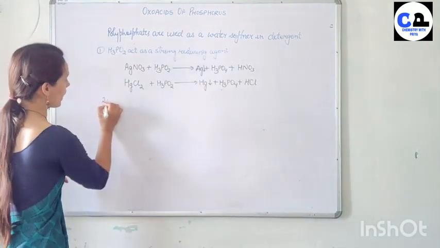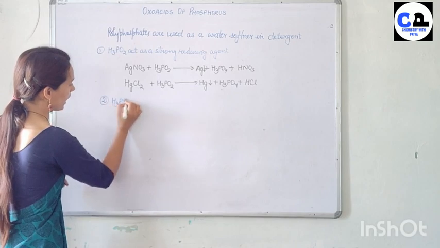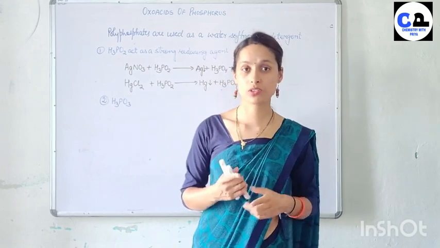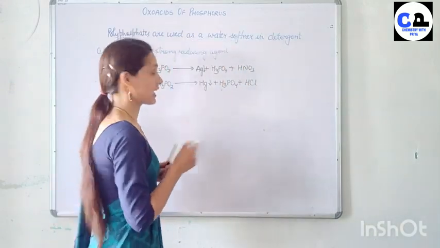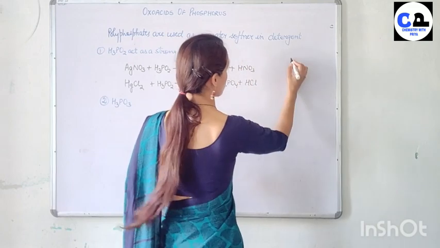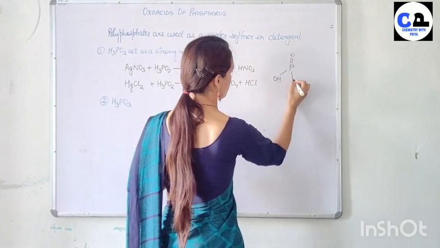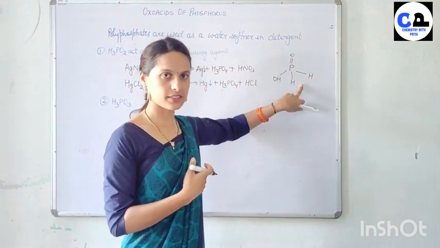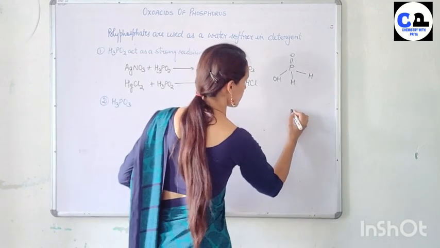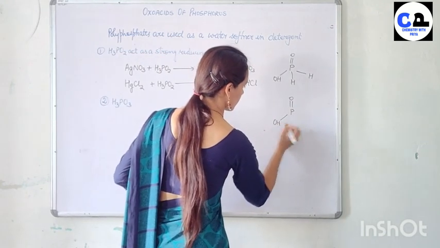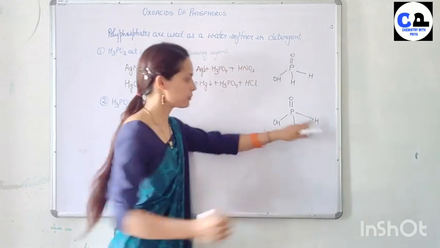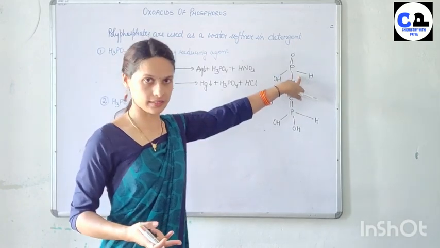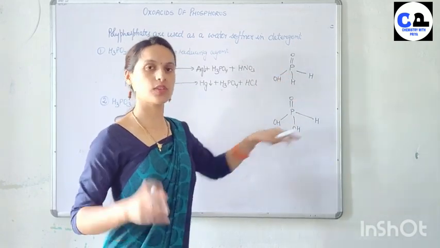And if we talk about H3PO3, yes, it also acts as a reducing agent because of the presence of one P-H group. I hope you are getting my point. H3PO2, the structure is like this. Due to the presence of two P-H bonds, it acts as a reducing agent, and H3PO3, due to the presence of one P-H group, also acts as a reducing agent, but a little weaker than this, because in this we have two P-H groups, in this only one.